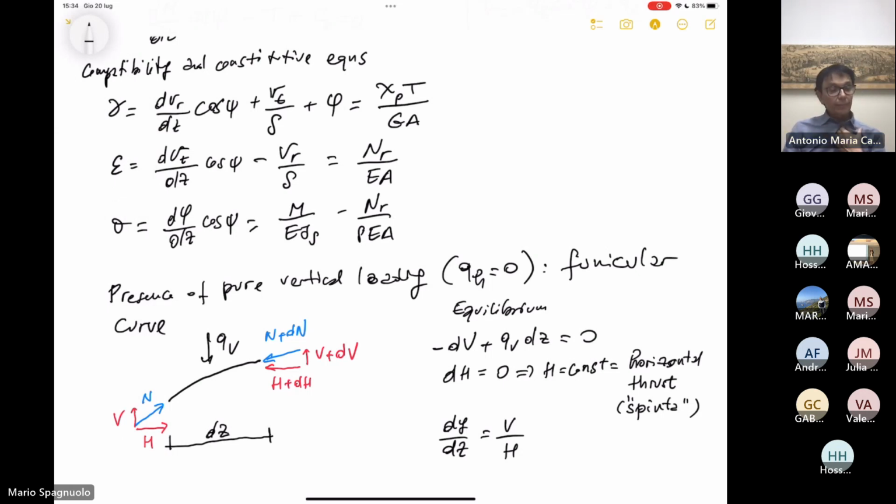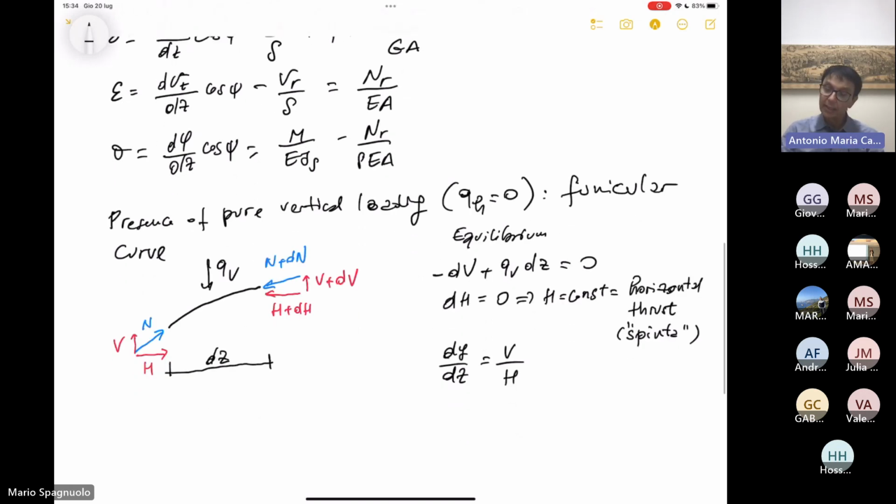So we finally obtain, by taking the second derivative of this equation, d2y over dz squared equal to 1 over H, since H is constant, times dV over dz, which is q_v. So this is the differential equation of the funicular curve.